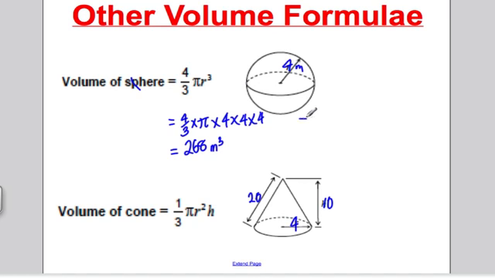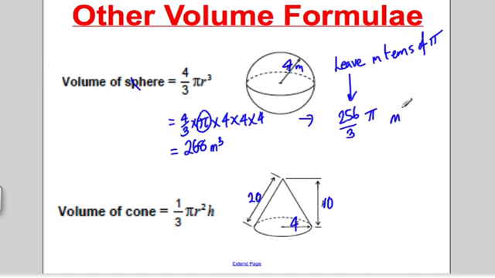If you left your answer in terms of pi, that is, keep the pi here and multiply everything else together, you would get 256 over 3 pi. Remember, I've told you in a previous video, sometimes in the higher paper they say leave your answers in terms of pi. Okay, so that's the other way of writing it. These two numbers are the same, that would be meters cubed.